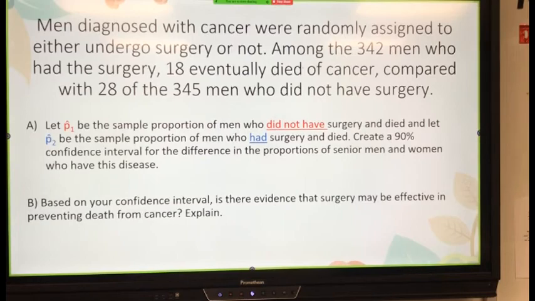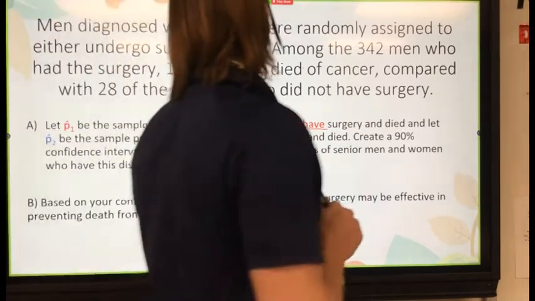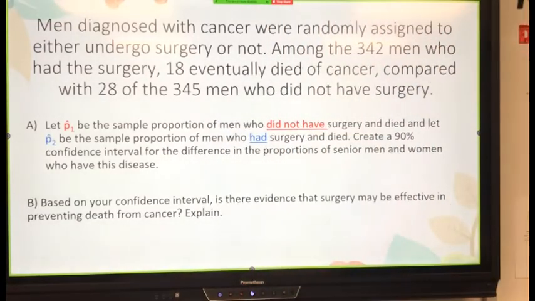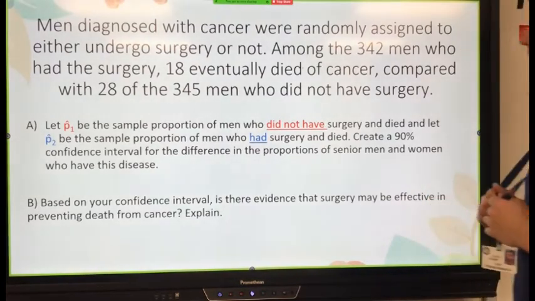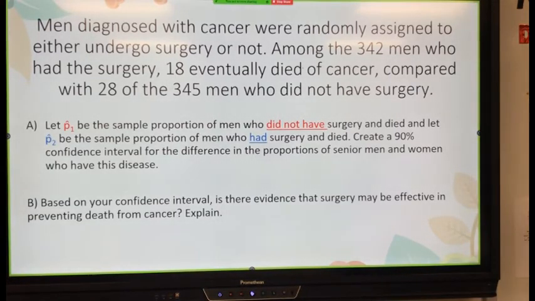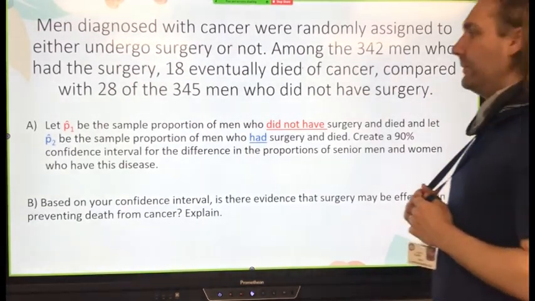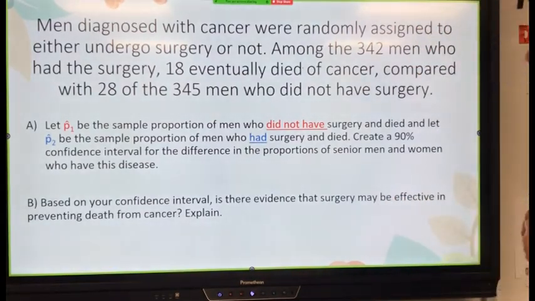So let me have you give it a try. Men diagnosed with cancer were randomly assigned to either undergo surgery or not. Among the 342 men who had the surgery, 18 eventually died of cancer, compared to 28 of the 345 men who did not have the surgery. Let P1 be the sample proportion of men who did not have the surgery and died, and P2 be the sample proportion of men who had the surgery and died.